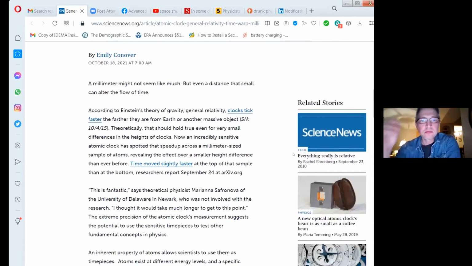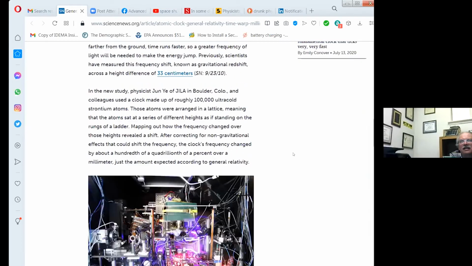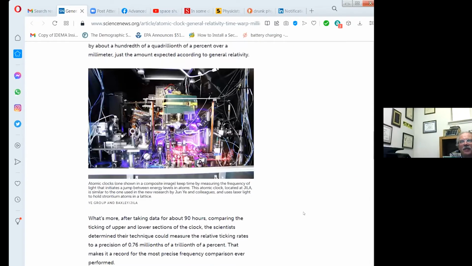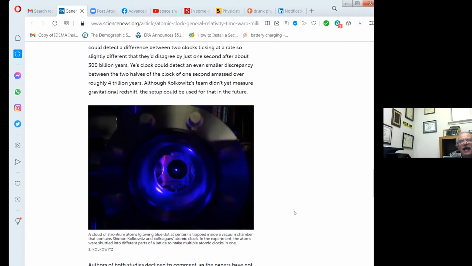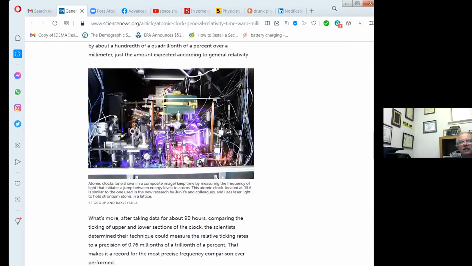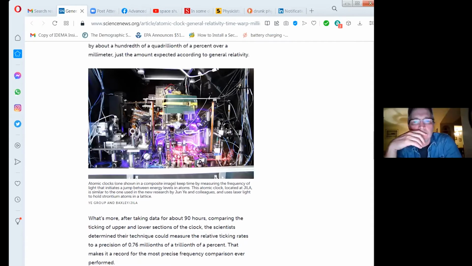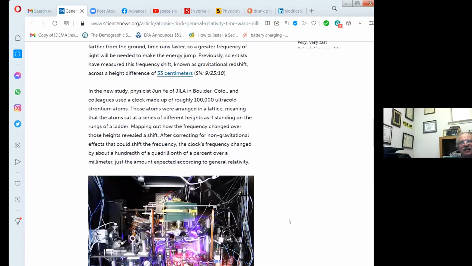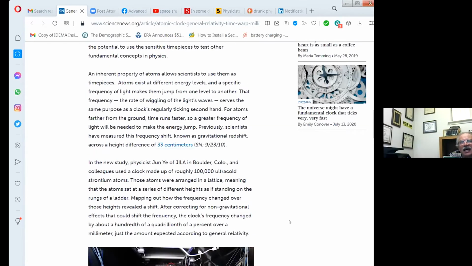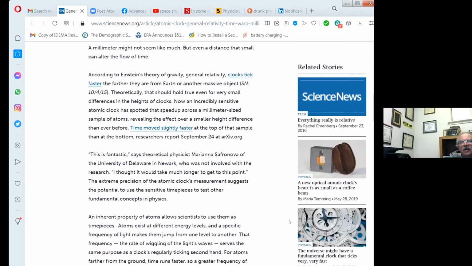This is their apparatus here. They're measuring within a millimeter of height difference, a lower atomic clock versus an upper one. Let's just read it to you.